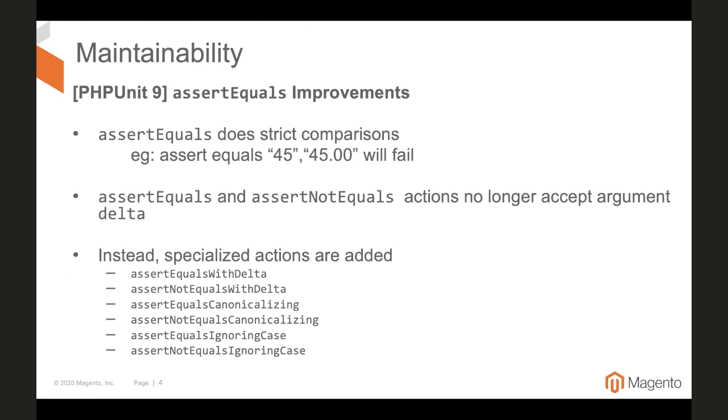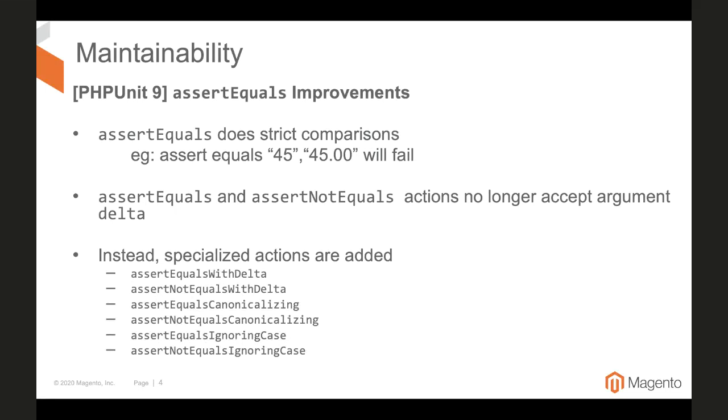Also, assertEqualsCanonicalizing, it's a hard word to say, canonicalizing, and assertNotEqualsCanonicalizing. This one as well, you may want to look up the documentation. Basically, if you give it two arrays, and one of them is sorted, 1, 2, 3, 4, 5, and the other array is like 5, 3, 4, 2, 1, it'll first sort both the arrays and then make sure they're equal or not equal.